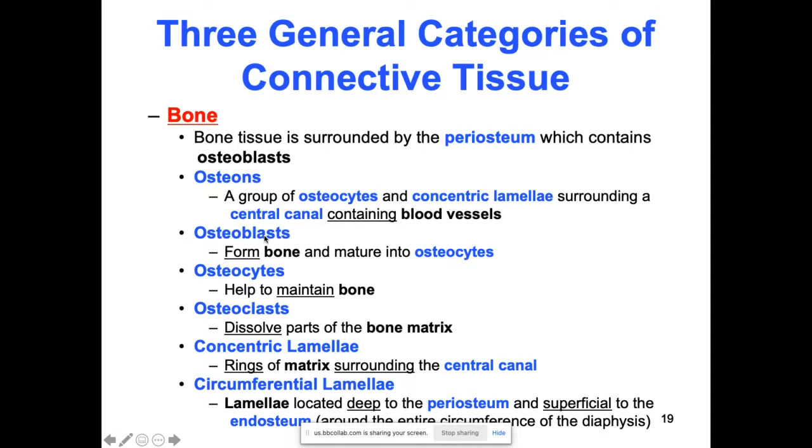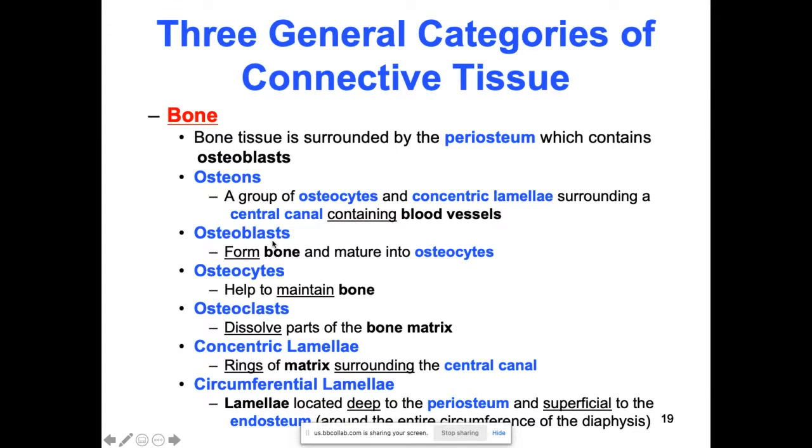Again, osteoblasts build up the bone by making the matrix, and osteoclasts break down the bone. They dissolve the matrix. So when you have osteoclasts working overtime and breaking down bone at a faster rate than it can actually build up, that's what osteoporosis is, or osteopenia, the breaking down of bone.